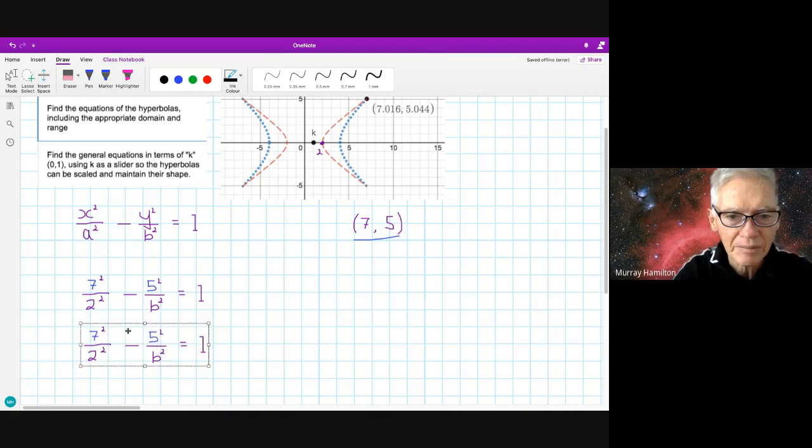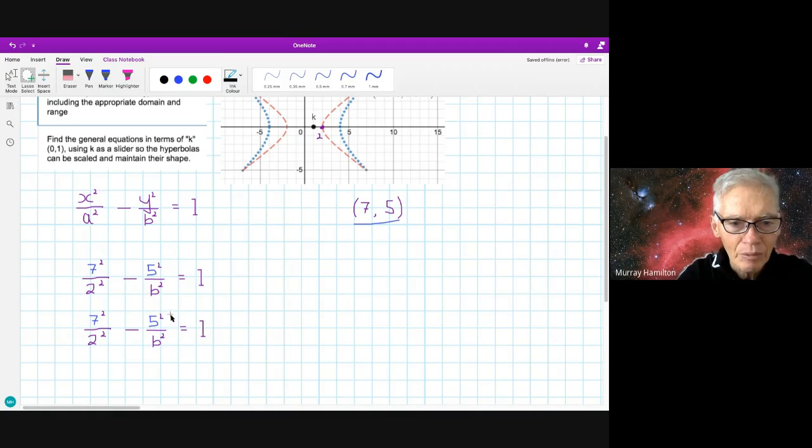When I take this negative part and change it to the other side, it becomes positive. So I'm just going to shift that over there. And when I take this 1 and change it to the other side, it becomes negative, because I want to find out what B squared is. So we've got that first step.